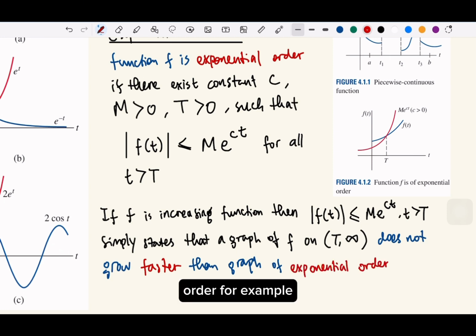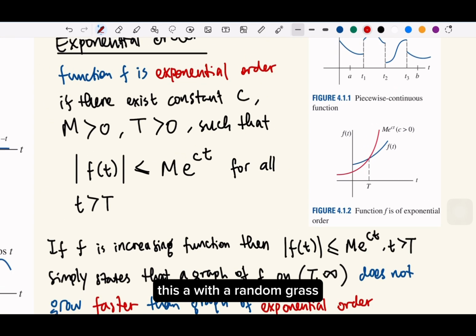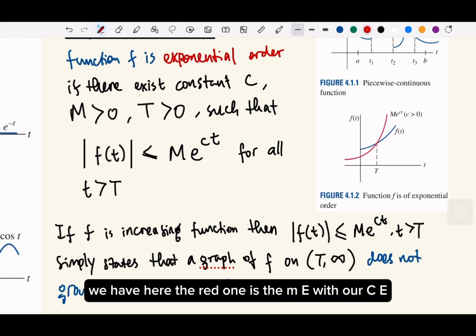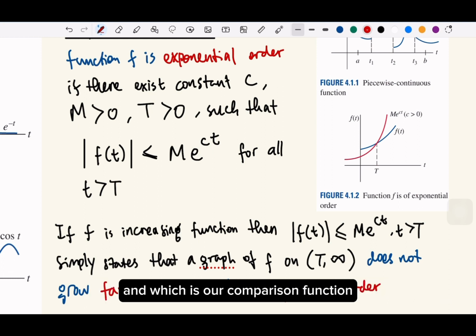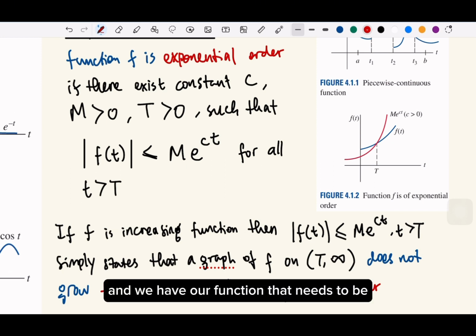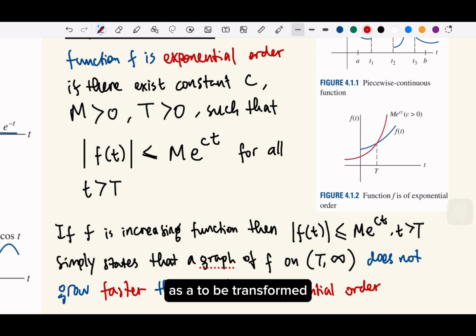For example, with a random graph, here the red one is m e to the power of ct. This is our comparison function, and we have our function that needs to be transformed.